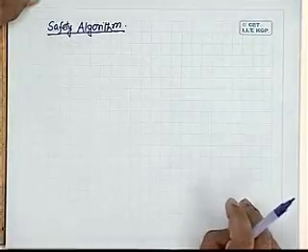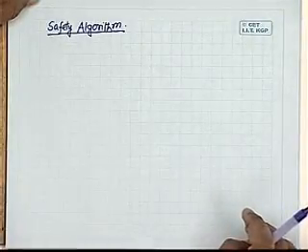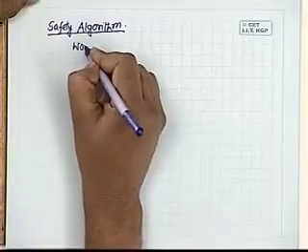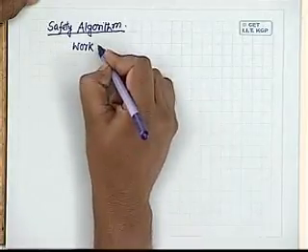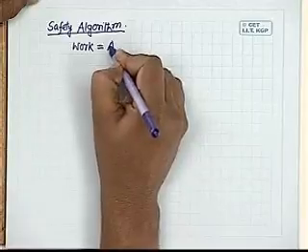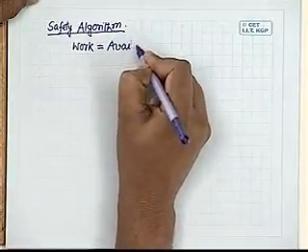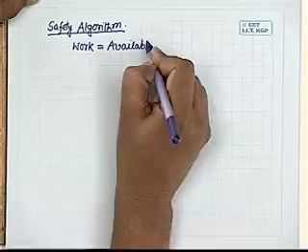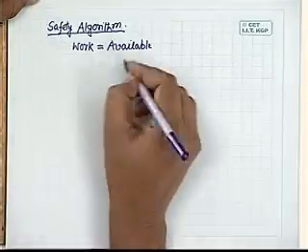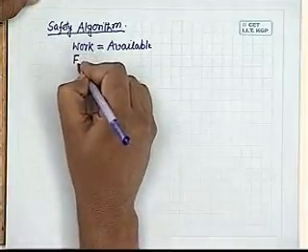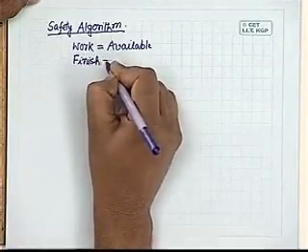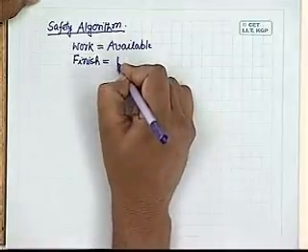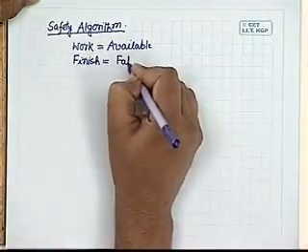The safety algorithm makes use of two more data structures. One of the data structures is called work, which is initialized with the value of available, and another data structure is finish, that is a Boolean vector, and all the elements of finish are initialized to a value false.